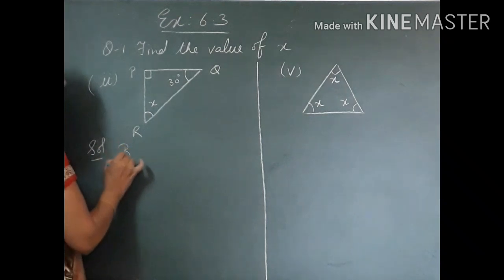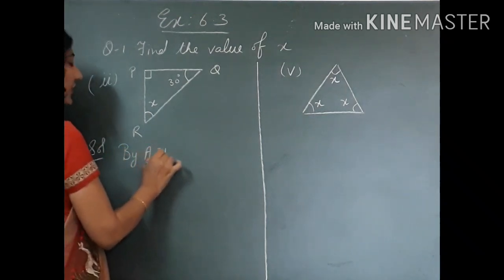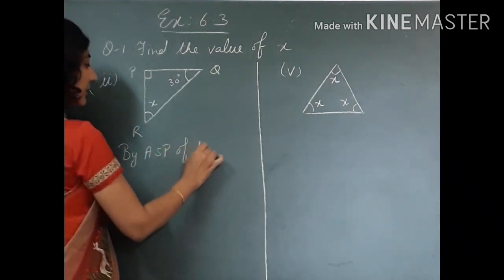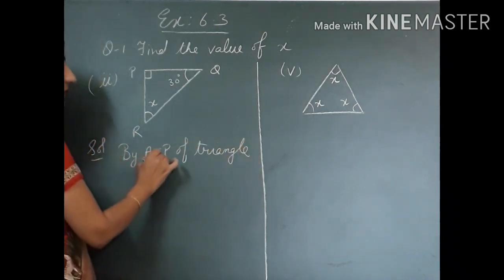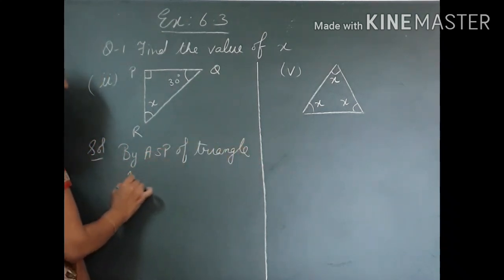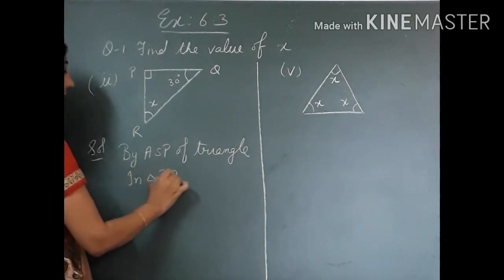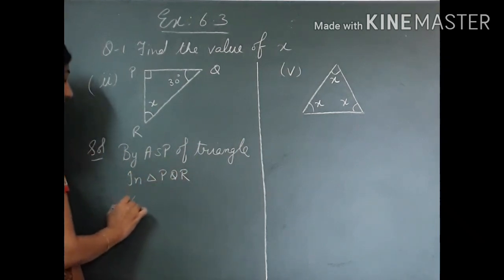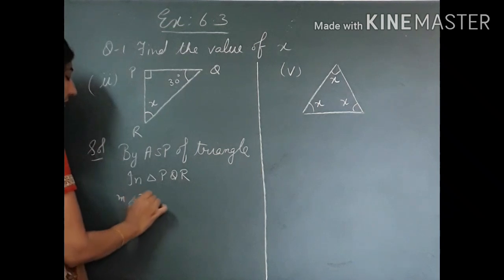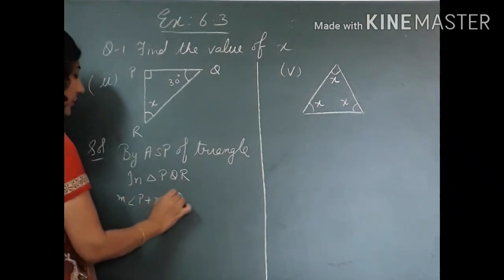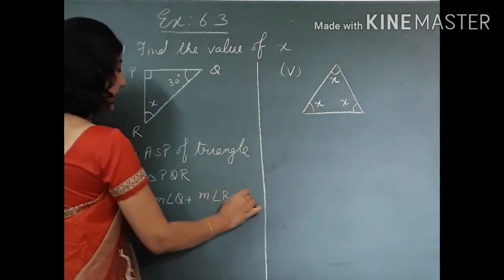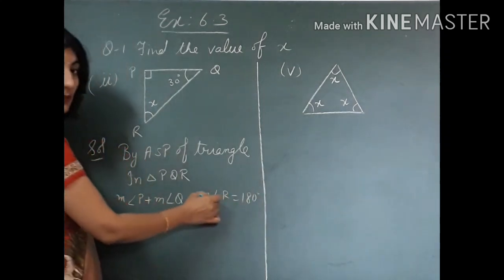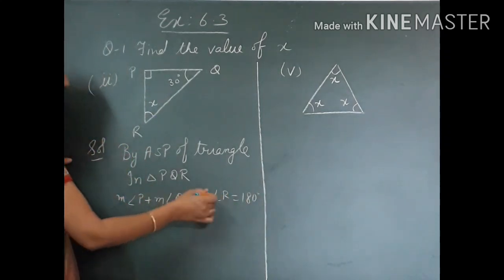So what you will do, you will write by ASP of triangle. ASP of triangle means by angle sum property of triangle. In triangle PQR, measure of angle P plus measure of angle Q plus measure of angle R equals 180 degrees. This M of R means measure of angle R. Now I will put the values.